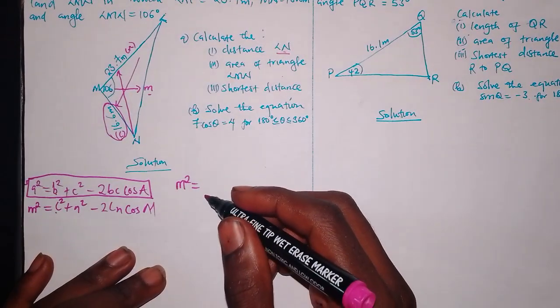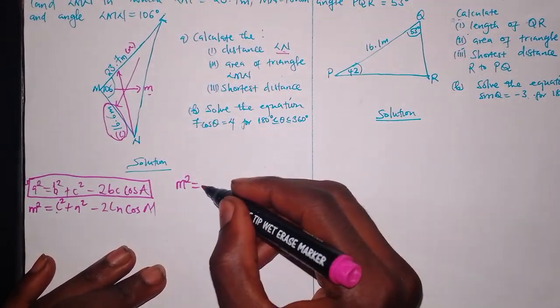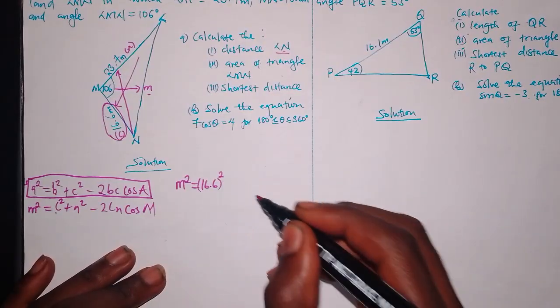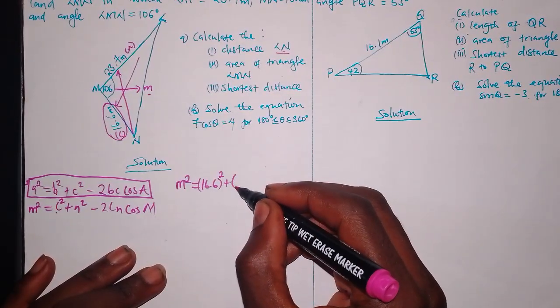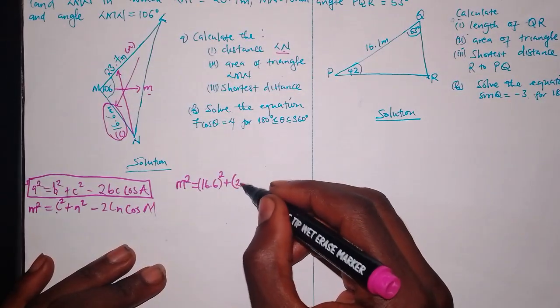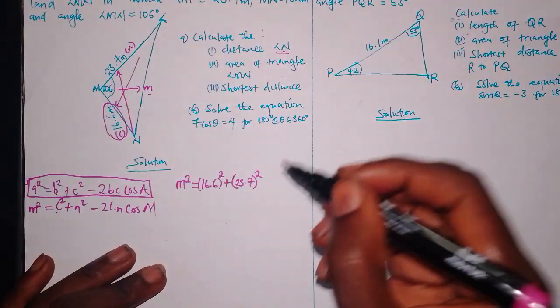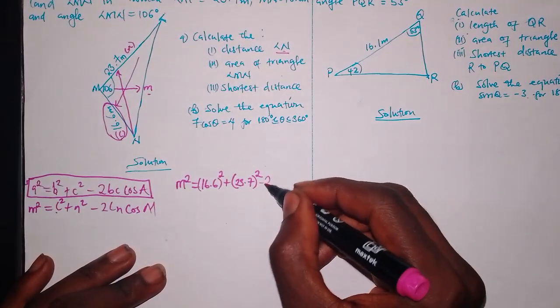So here where there is L, you put what? 16.6 squared, plus, then where there is N, you put what? 23.7 squared. Then you say minus 2.